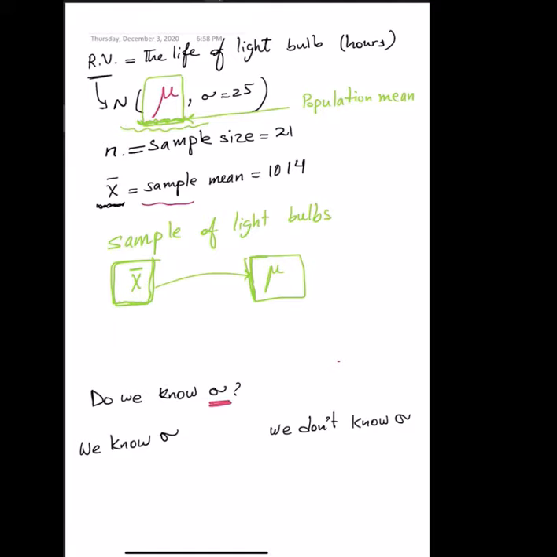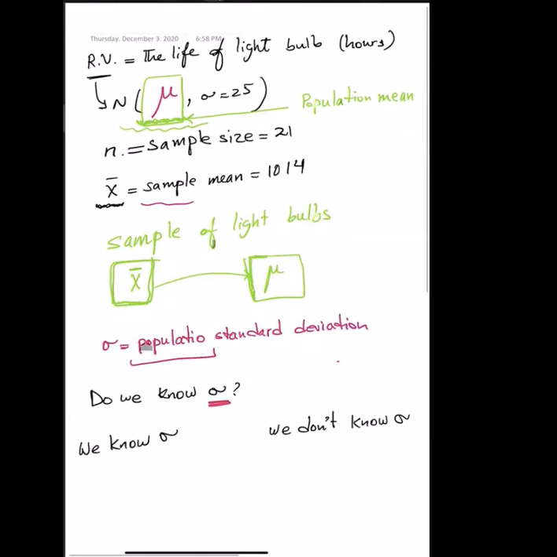Do you want to think one more time and tell me what sigma is? Not the value. What is it? Oh, it's the population standard deviation. Okay, so sigma is the population standard deviation.